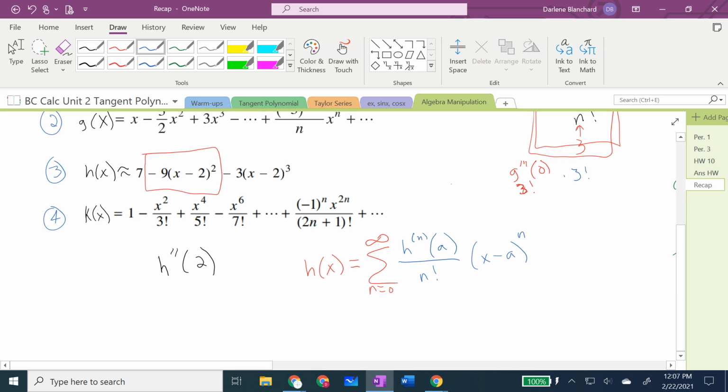And every single term is created this way. So if I want the second derivative of h, then I need to look at when n is equal to 2, what was spit out of this polynomial.